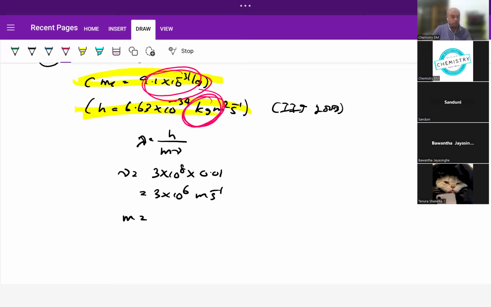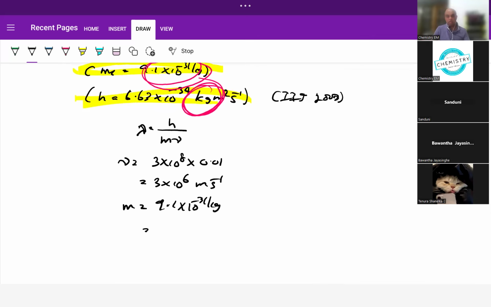Yes, your answer is correct. Very good. So m is 9.1 into 10 to the power minus 31 kilograms. h is given. So this is a direct question. The trick is you have to remember the equation, right? Lambda equals h divided by m nu.